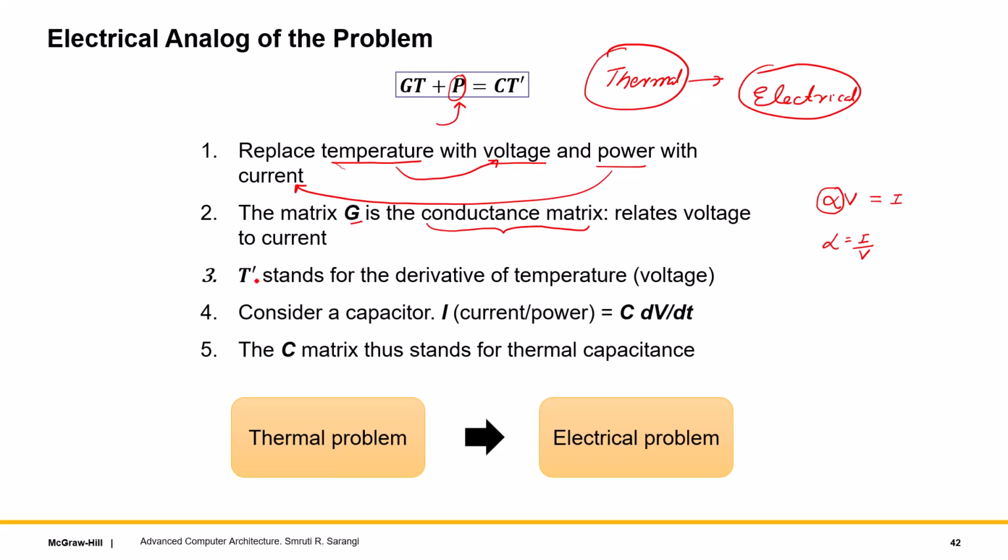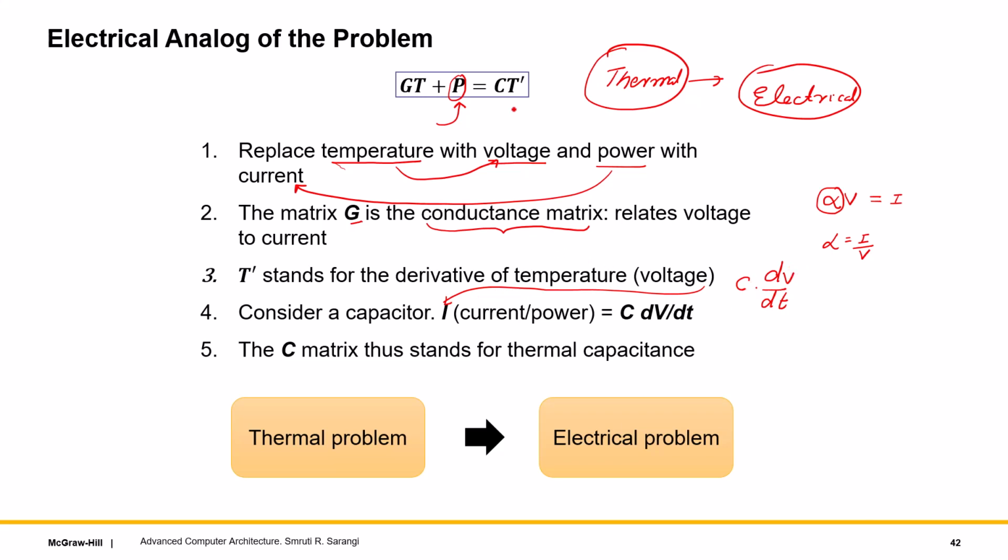T dash is nothing but the temperature derivative over time, which is nothing but dV by dt. Any student of electrical engineering will immediately recognize that capacitance times dV by dt is nothing but the current, right? So basically the current is equal to C times dV by dt.